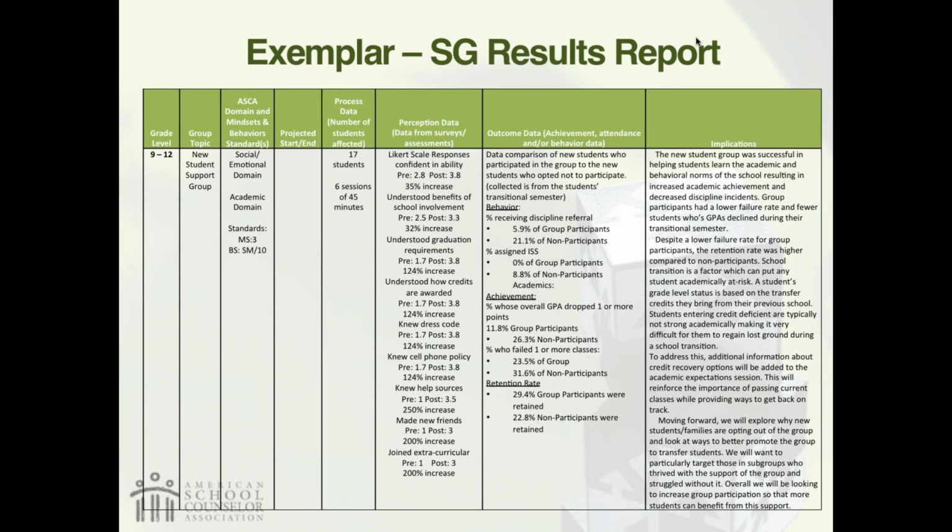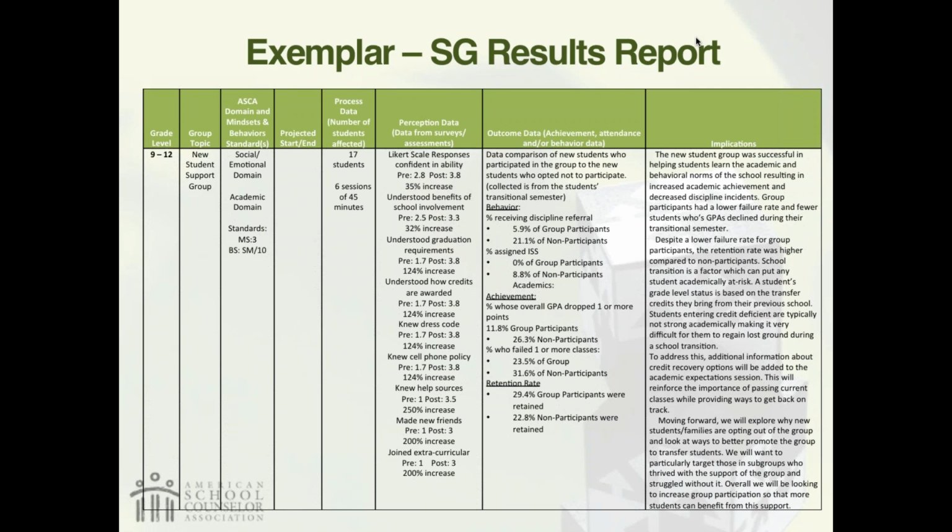And around achievement, they looked at the grade point averages of those new students and how many of them ended up being retained or met the promotion criteria. Again, their comparison for that achievement data was people who were new to the school who did participate in the group versus people who were new to the school who did not participate in the group. And then through their implications, they analyzed that result, and you can see that's quite comprehensive.